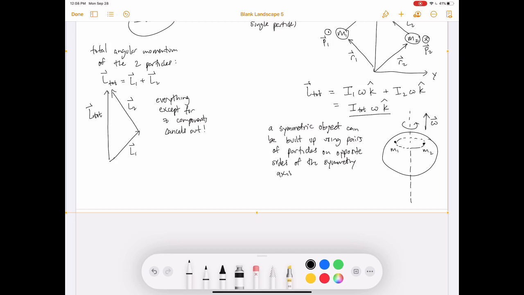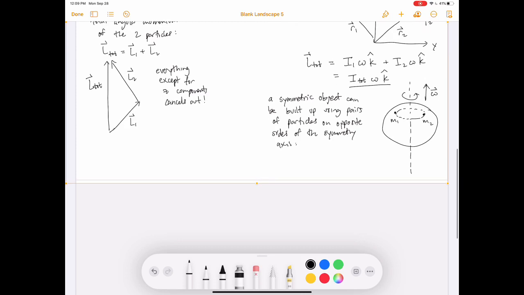Well, we know that for those two particles, the total angular momentum is given by the total moment of inertia I times omega. And again, since any symmetric object can be built up using those pairs of particles, the overall angular momentum is going to be given by I, the total moment of inertia for that object, times omega.